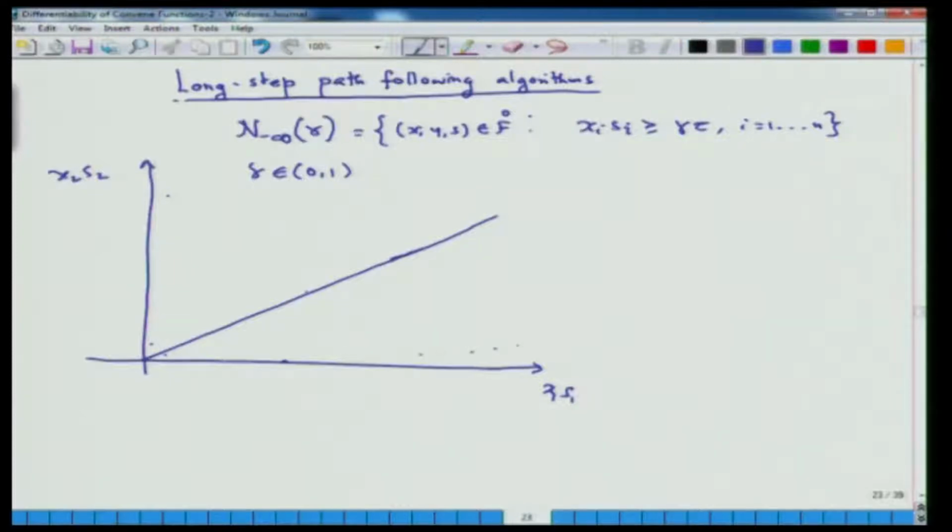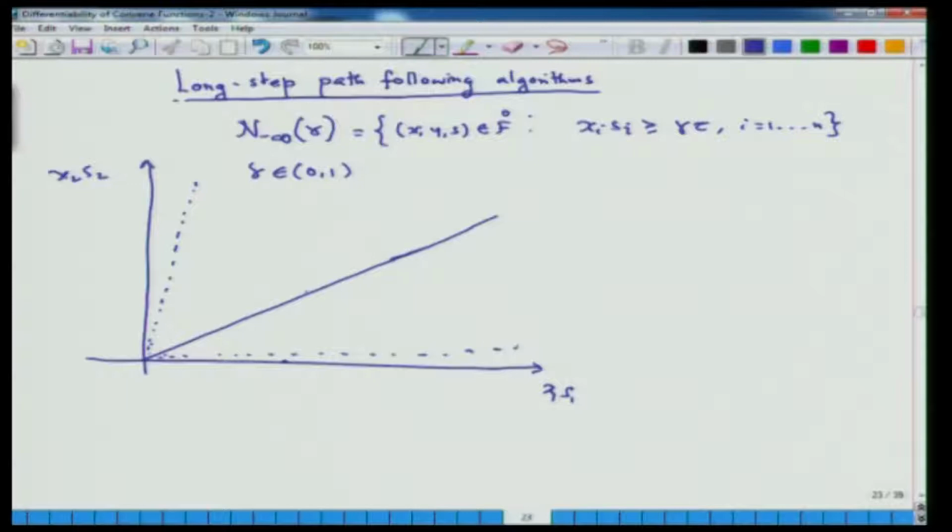Similarly, you will create points like this, which are actually coming down to 0. So, this is the neighborhood. You observe this is a bigger neighborhood, because you take one point here, x1 s1 equal to gamma tau, and you take the same x2 s2 equal to gamma tau here. So, this is x1 s1.